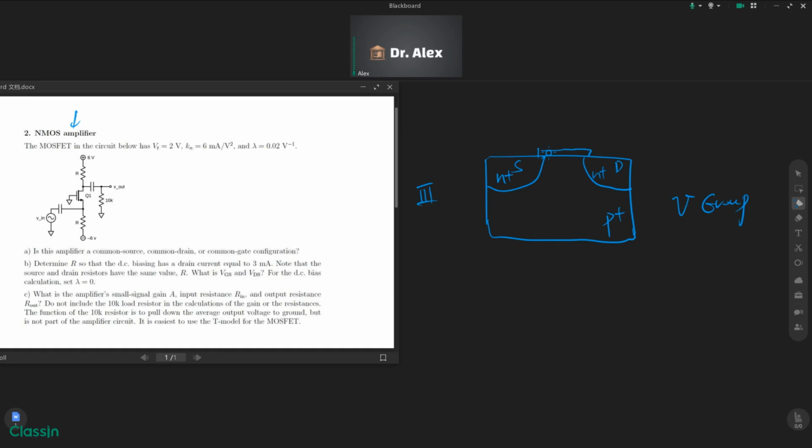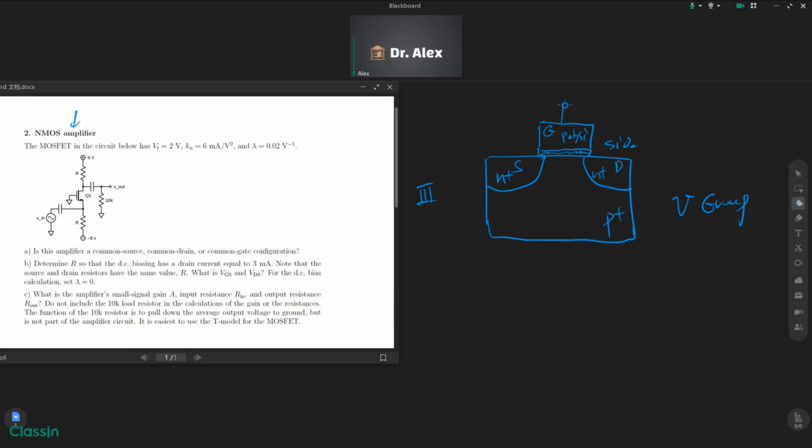Above this area, there's a silicon dioxide layer, very thin, and it is a dielectric. Just above the silicon dioxide, we call it the gate, and this is polysilicon.